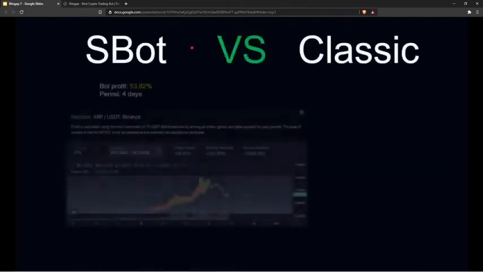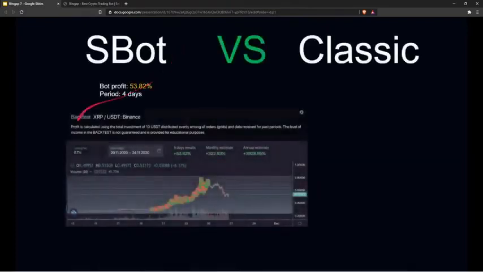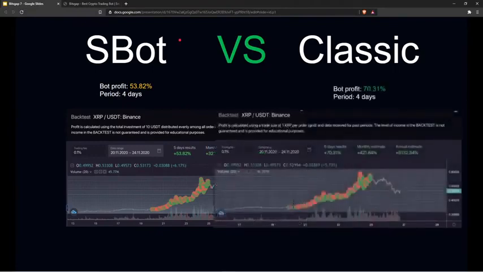And here's the example. That's XRP trading to USDT, 4 days period. And you see the exact chart scale from that point. The S bot would bring only 53% for this period of 4 days on this heavily rising market, whereas the classic bot would bring you 70% for the same period of time. You see the same market, the same chart scale over here.